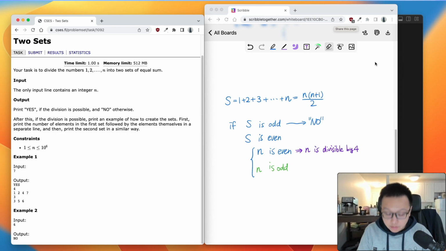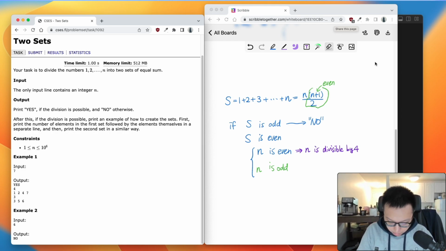On the other hand, if n is an odd number, in this case, we know that n plus 1 is an even number. Right? So in this case, it means that n plus 1 divided by 2 is still an even number.